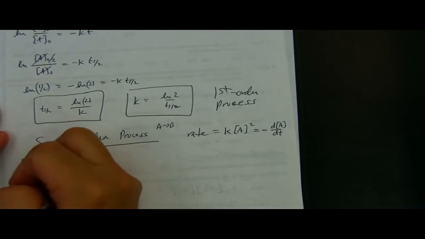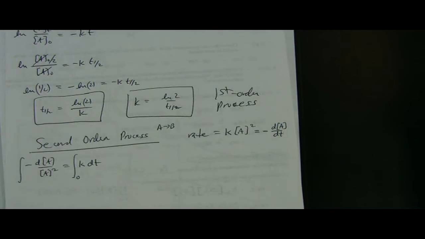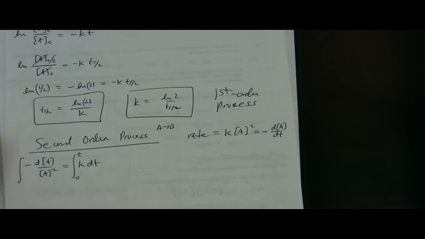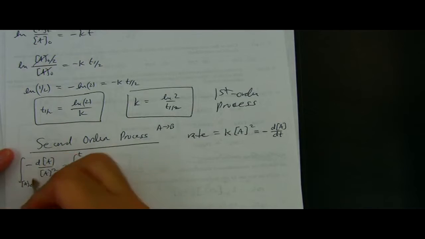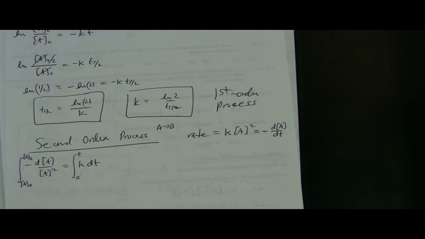Okay, so I'm going to integrate, going from the initial time we're going to call 0, to some time t later. And we'll start with A naught and go to the A at time t.